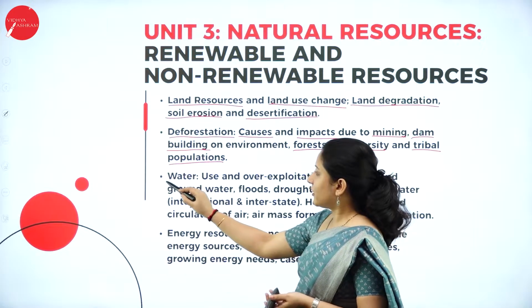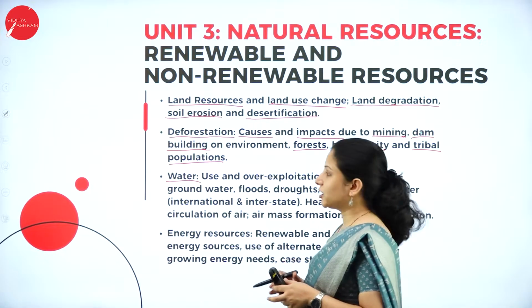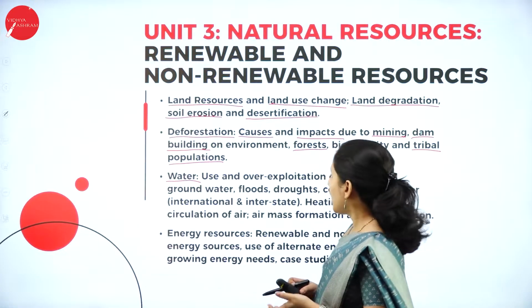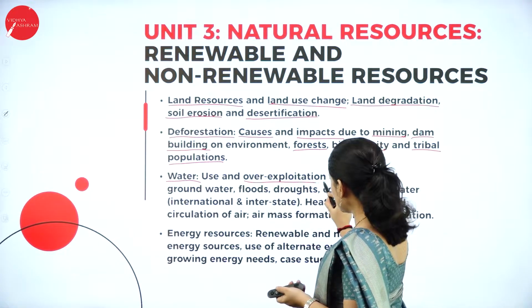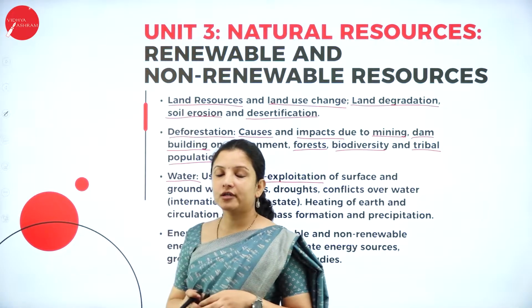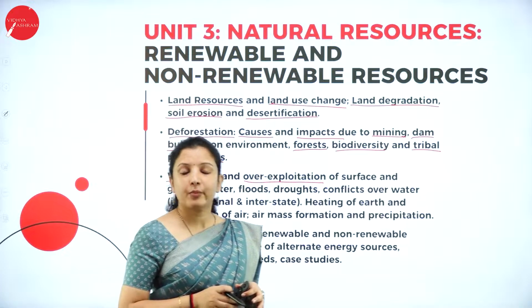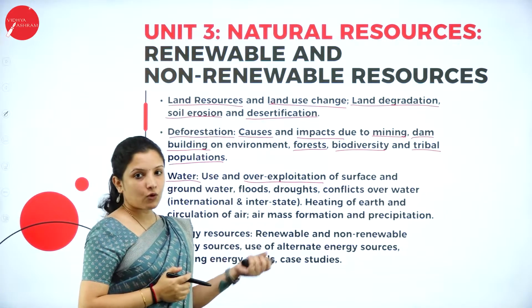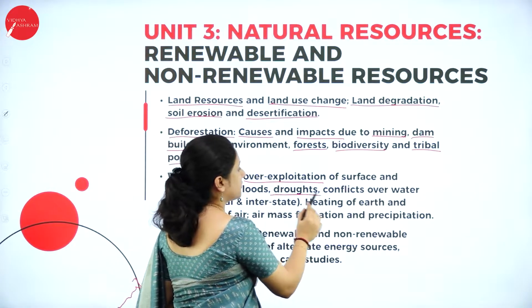Next, talking about water in this unit, how water is useful for us and how we are over-exploiting surface and groundwater. Surface and groundwater have been over-exploited by a number of factors. What are those? We shall look into that. And how water scarcity occurs because of droughts.